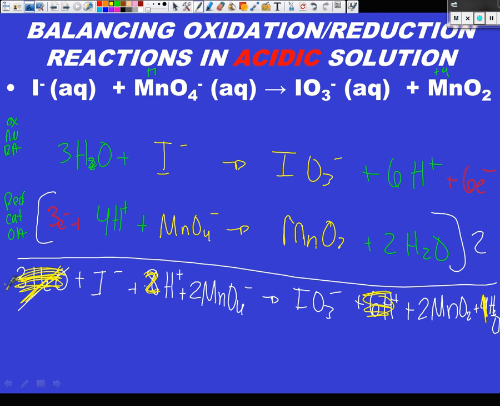Over here, I had 8 hydrogens and 6 hydrogens. Well, the 6 disappear, and I'm left with 2 there. There's 2 on the left, none on the right. Yeah, it still balances.